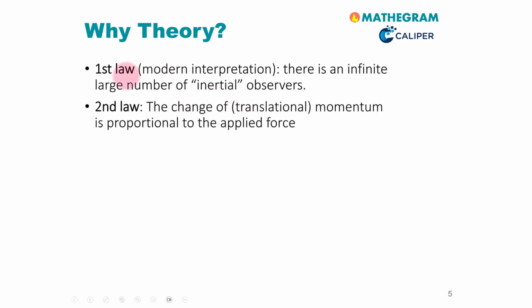What we will use is Newton's second law, and this says that the change of translational momentum, and this is the original form from Mr. Newton, is proportional to the applied force. So P here is the translational momentum. This is a time derivative. The translational momentum is the product of the mass of a body, or a mass of multiple bodies, a mass of the system we'll look at, you will see that later, multiplied with v, which is the velocity.